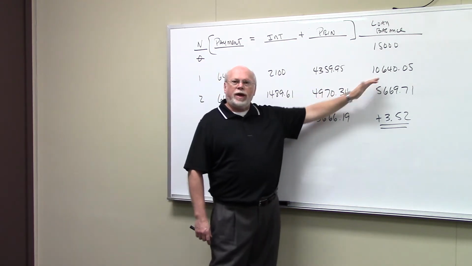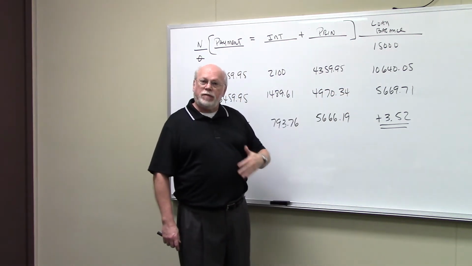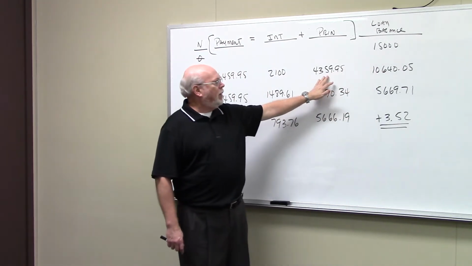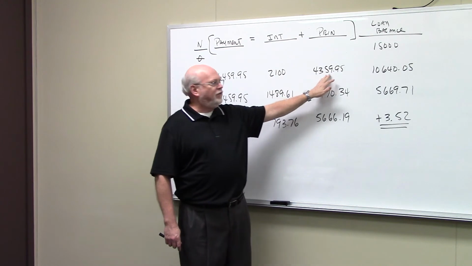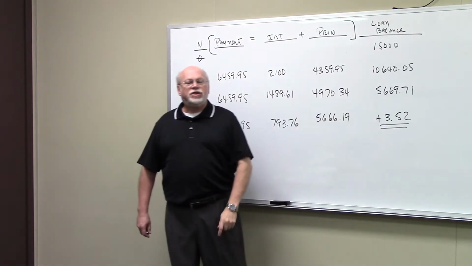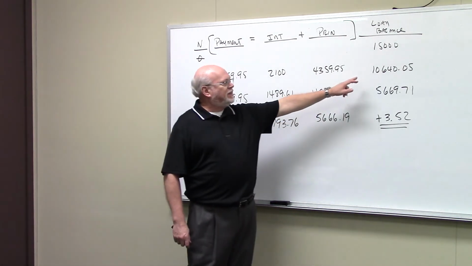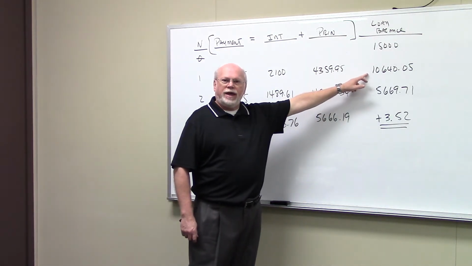That makes the loan balance at the end of the first year, after the first payment, the difference between $15,000 minus $4,359.95, which is $10,640.05.